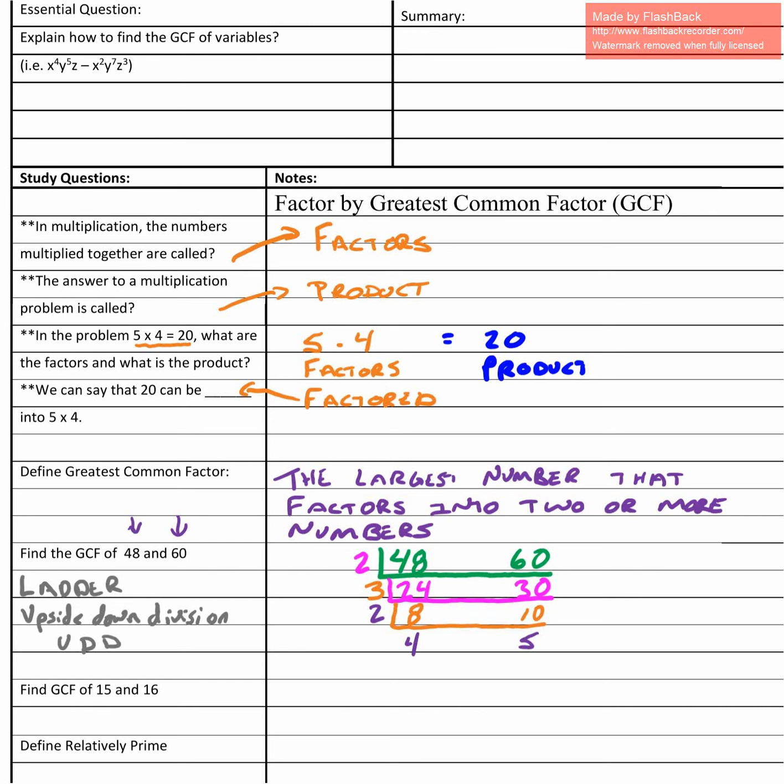Along the outside is our GCF. Some teachers like to make a G just to remind us that that is our GCF. All we're going to do is multiply all those things: 2 times 3 times 2. 2 times 3 is 6, 6 times 2 is 12.